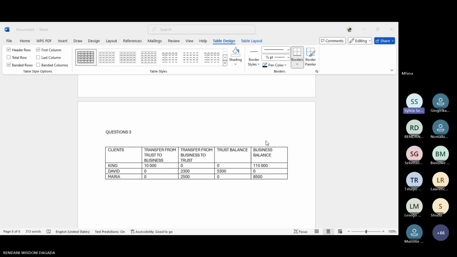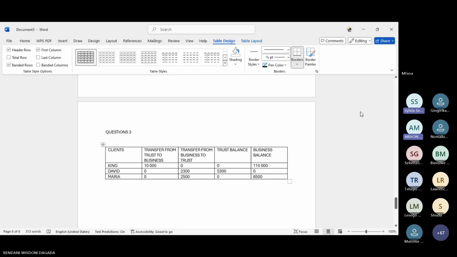The 2,500 that is in Maria's trust balance is for the services that have been rendered to Maria. But because Maria does not have money in her trust account, she owes the business 2,500. And we already have an amount of 6,000 that she already owes to the business.